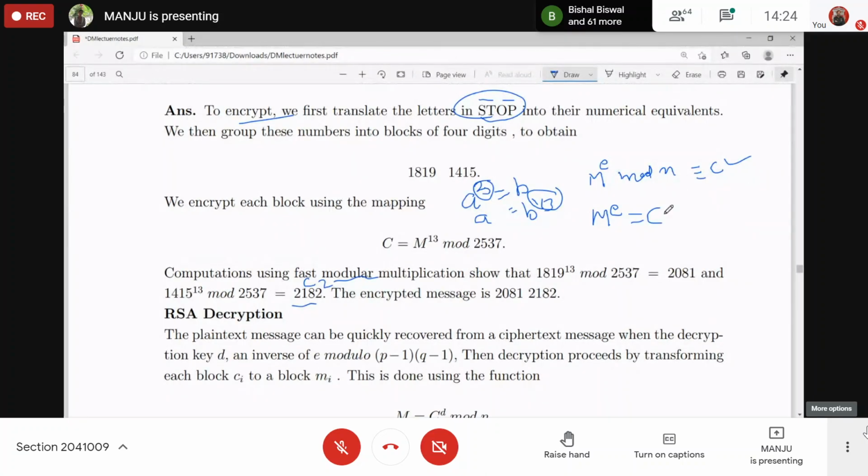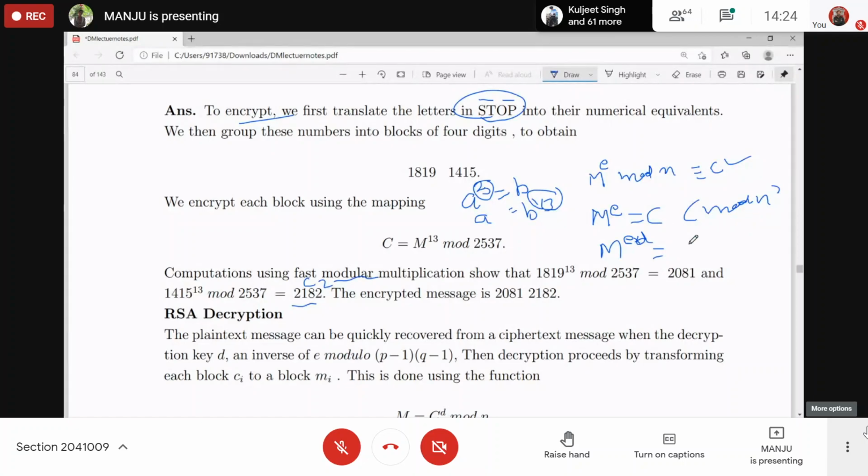So here also, when you are working in modulo n, and you know C, you will be taking M raised to the power E, and then you will apply the inverse power of E. Means 1 by E, and 1 by E will be an integer in modulo n.